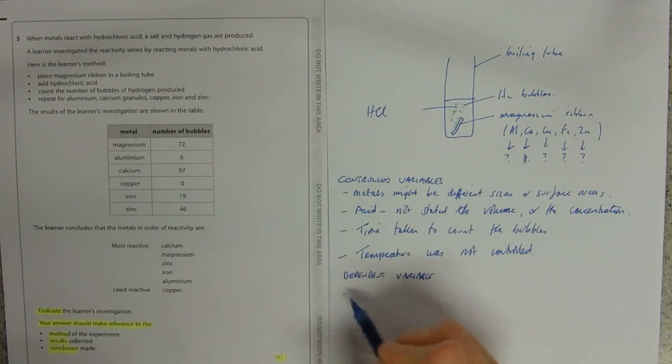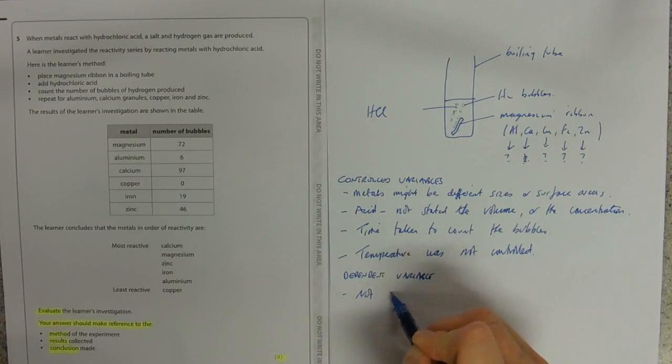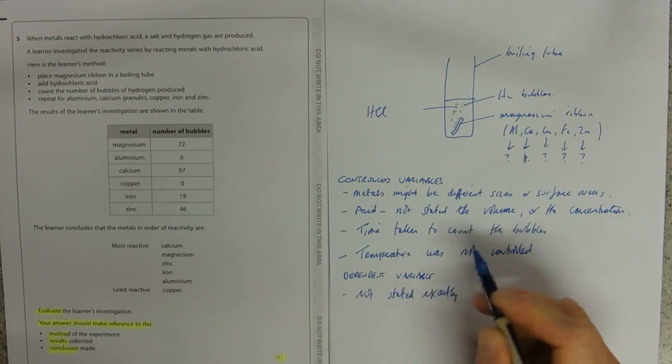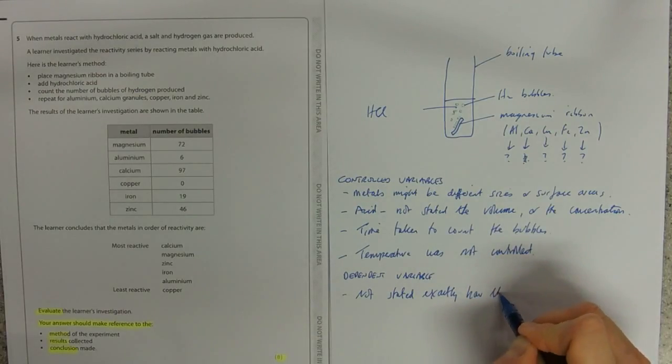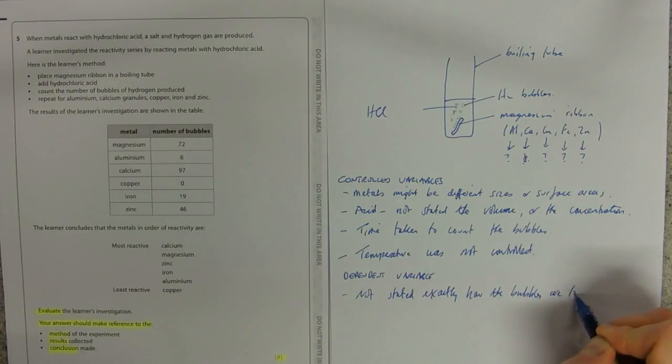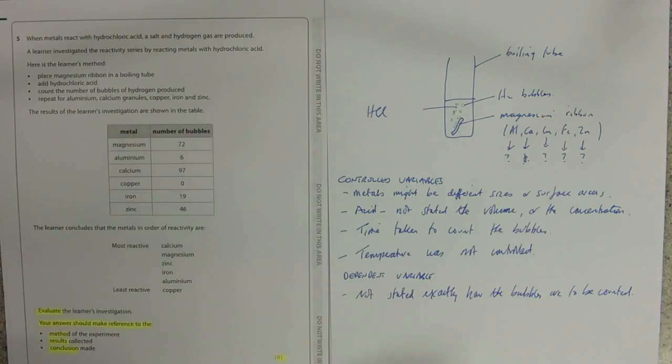So dependent variable not stated exactly how the bubbles are to be counted. For example, is it total or bubbles per minute? That sort of thing.